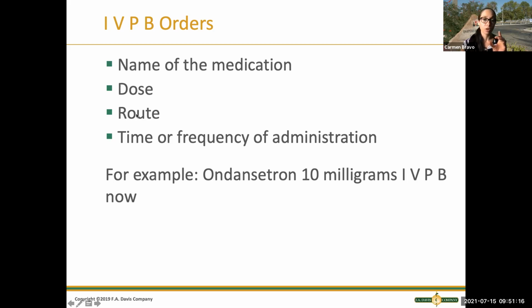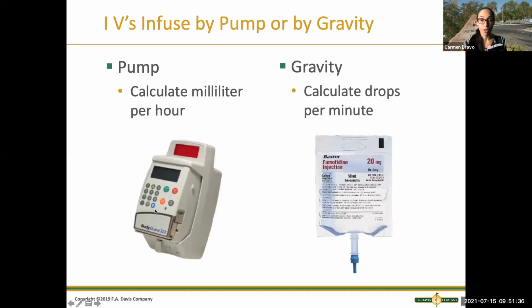The route has to be there, and the frequency of the administration. So you see, this is Zofran, ondansetron, which is for nausea and vomiting, 10 milligrams. So we've got the name, the dose, the route, and then the frequency. So you'll see that they're written that way.